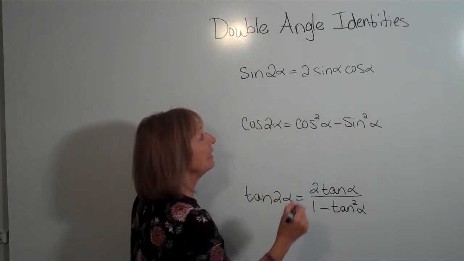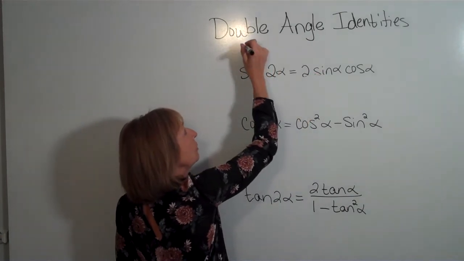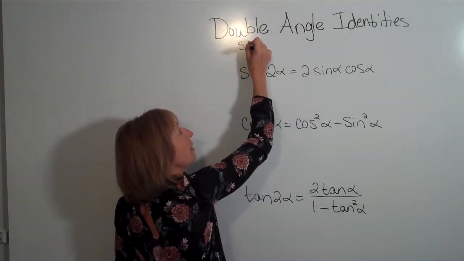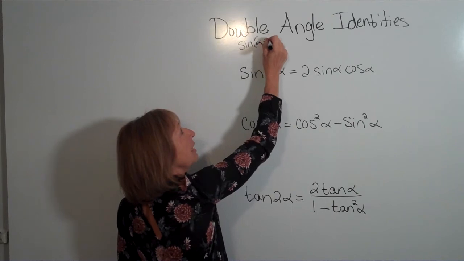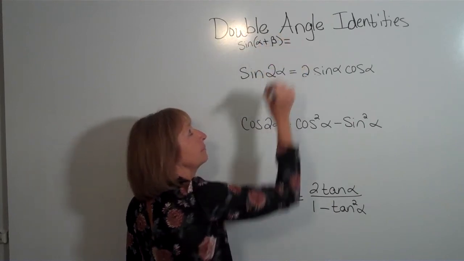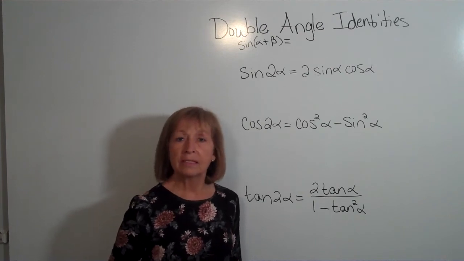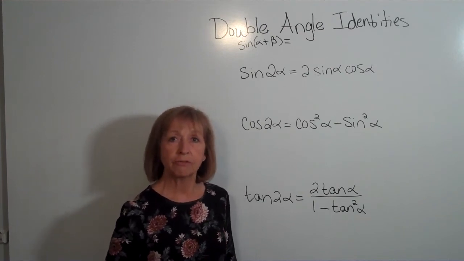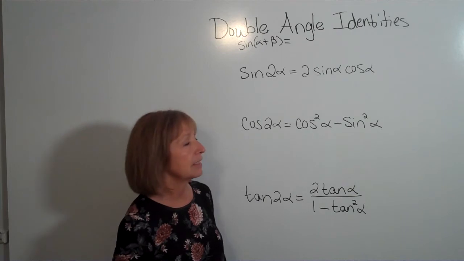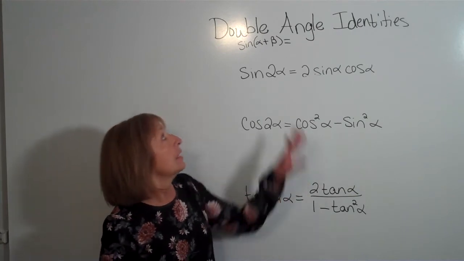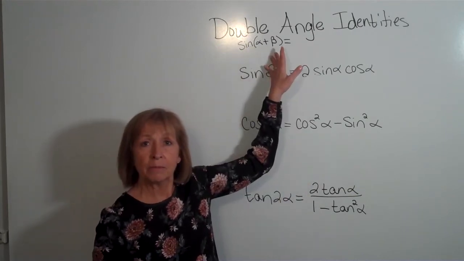Now, how we can get this is we can go back to our sine of the sum of 2 angles, say sine of alpha plus beta. If you look at a previous video on the trig functions of the sum or difference of 2 angles as well as cofunctions, it talks about the sine of the sum of 2 angles.